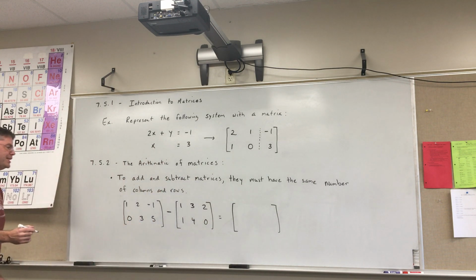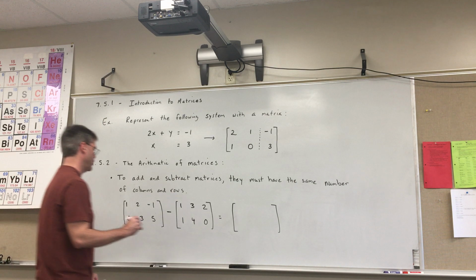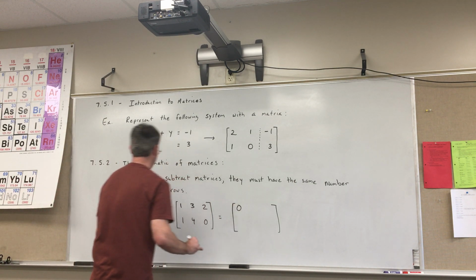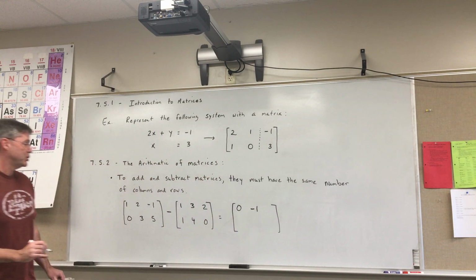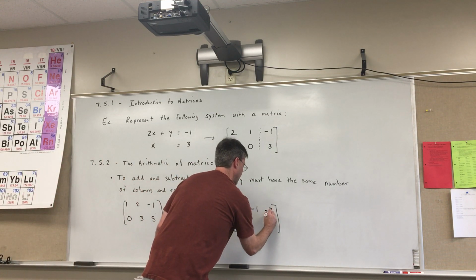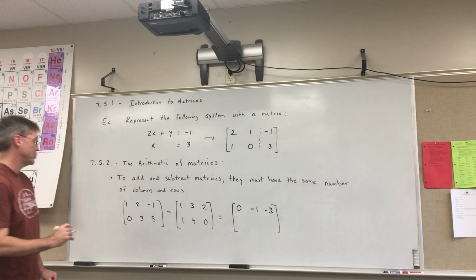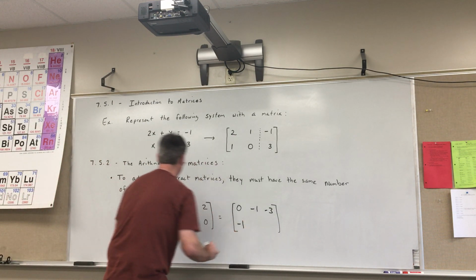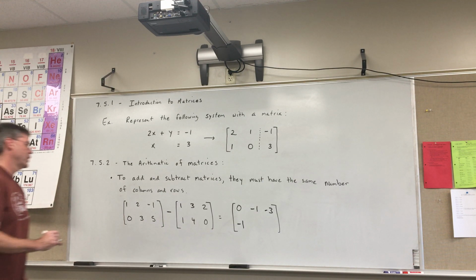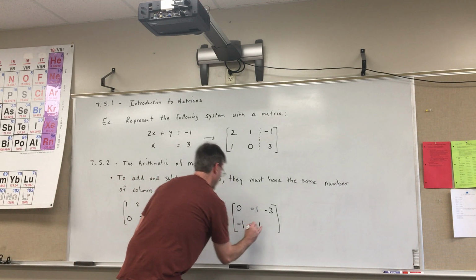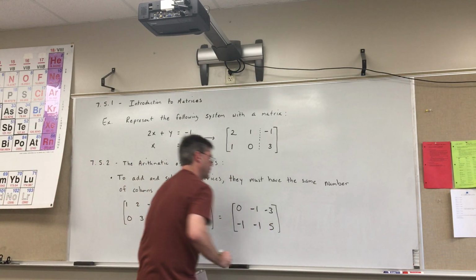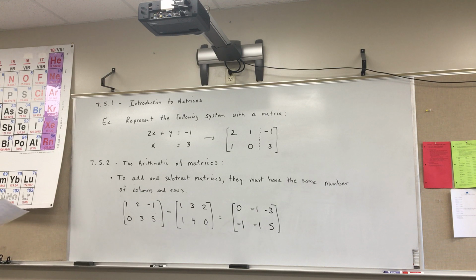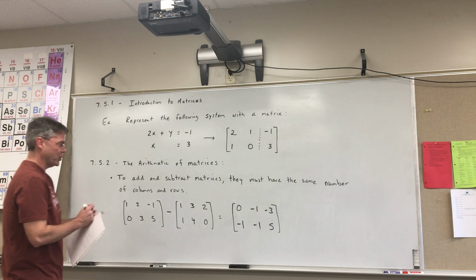Instead of adding, we just subtract. So 1 minus 1 is 0. 2 minus 3 is -1. -1 minus 2 is -3. 0 minus 1 is -1. 3 minus 4 is -1. 5 minus 0 is 5. Very simple process, adding and subtracting matrices.